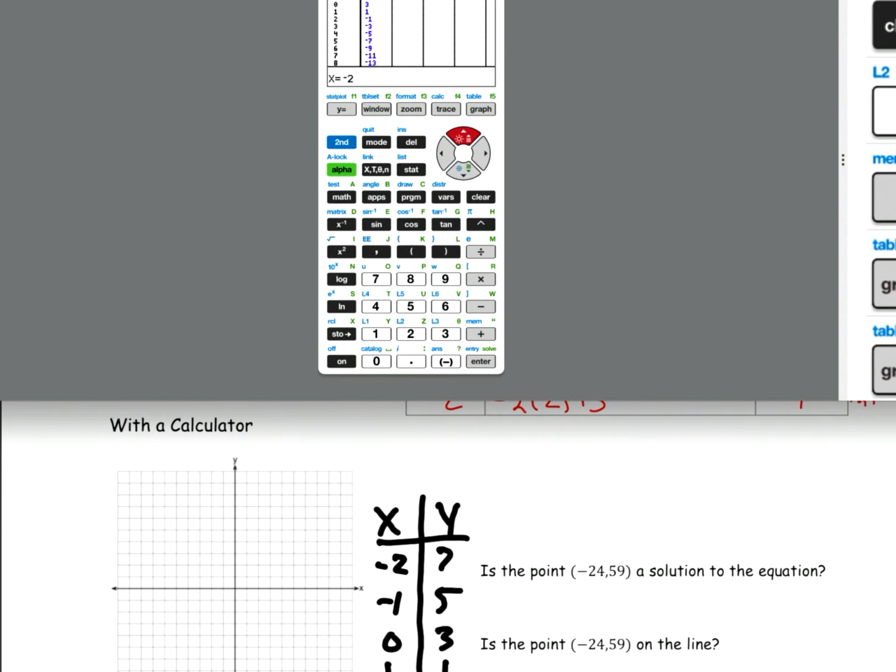And plot all those points just as we have been doing. I would continue to plot every single point we can, just so we're as accurate as possible. Draw a line.